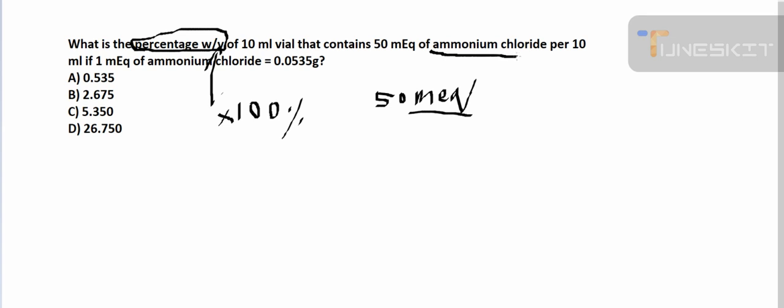Whenever you have ammonium chloride like NH4Cl or like KCl, NaCl, with positive and negative charge, you will always be asked and given the mEq value, milliequivalent.